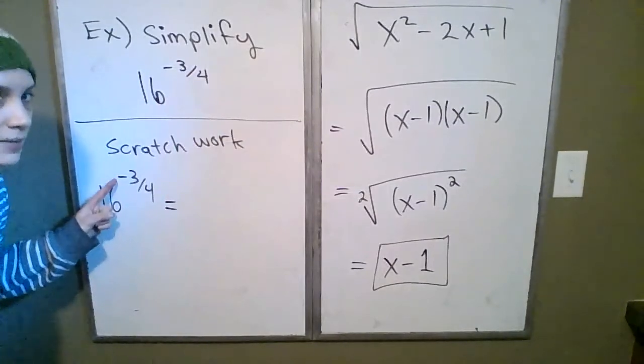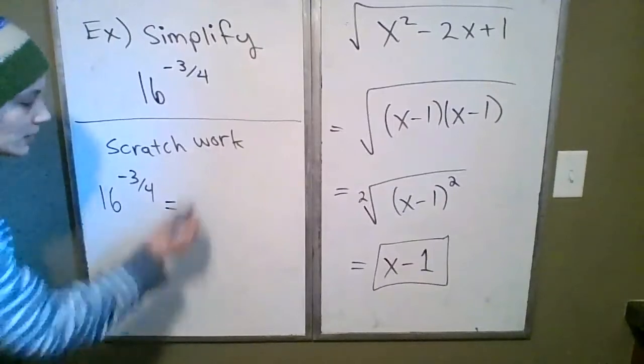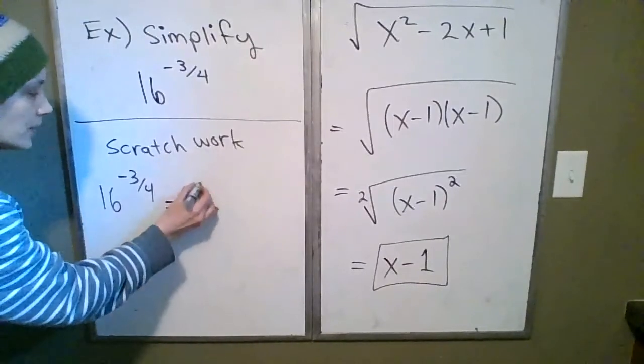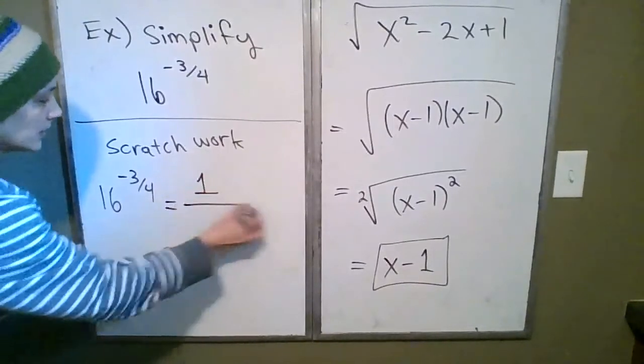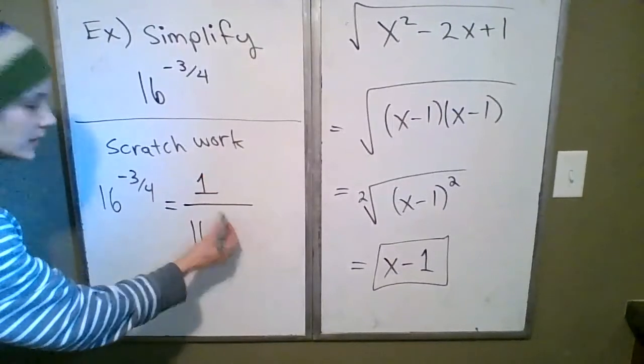To take care of that negative sign, we'll put all of this down into the denominator. So 1 in the numerator, 16 with the power of +3/4 in the denominator.